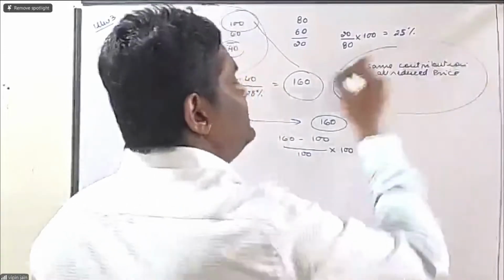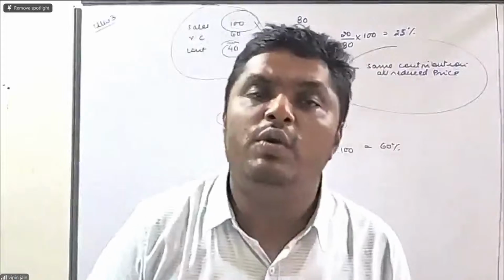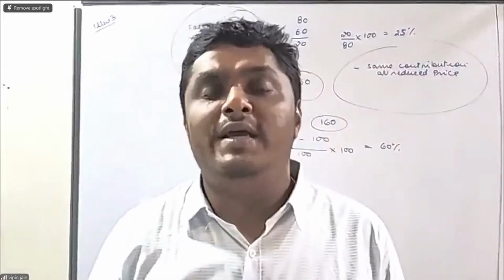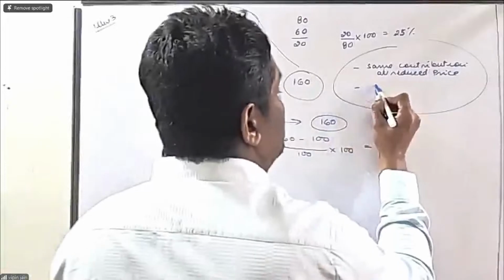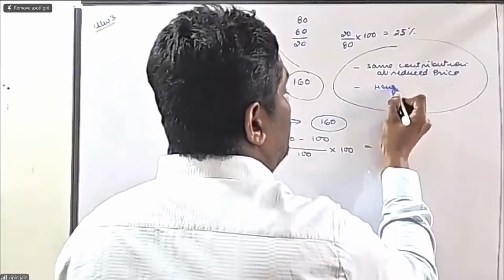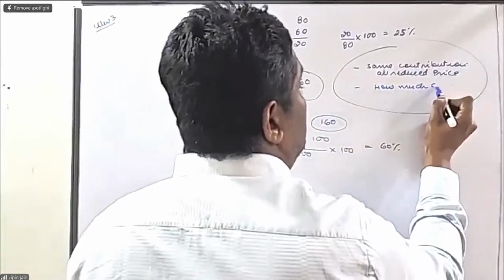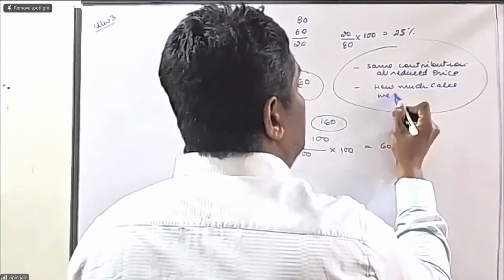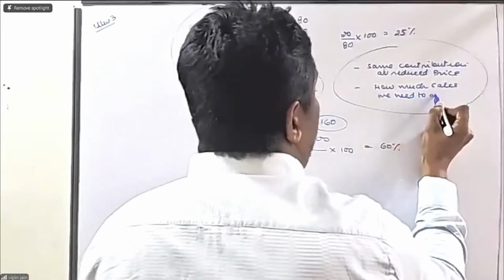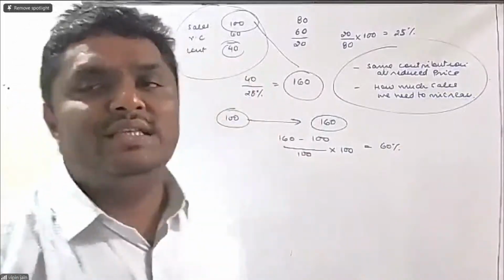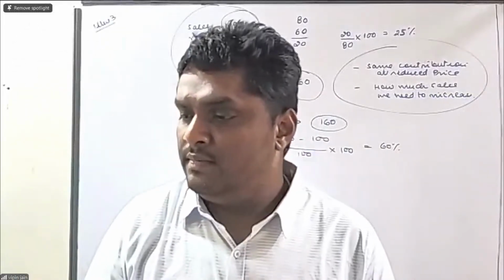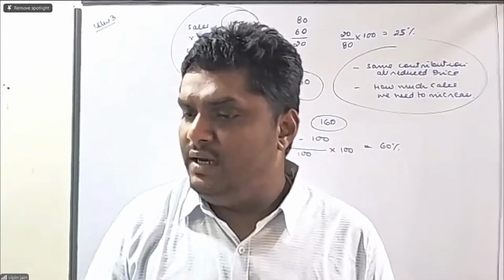In short, what they are saying is that if we want to earn the same contribution at reduced price, how much sales need to be increased? That's it. This is what the question is asking us. I hope, Karan, this part is clear now.